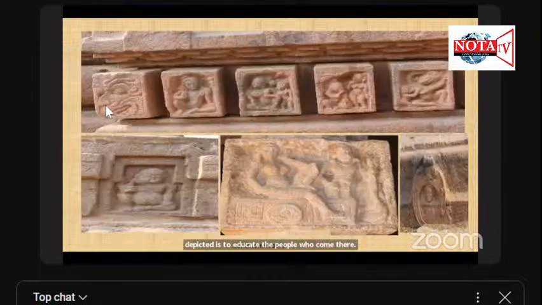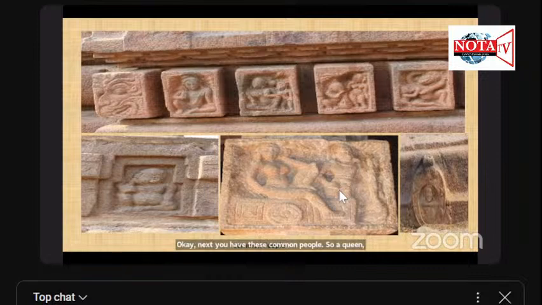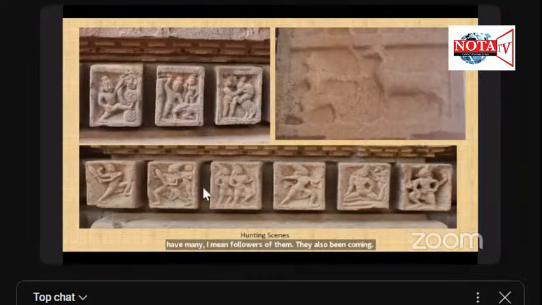Next you have these common people. A queen may be visiting the temple in her chariot. Then you have other common people coming, and many followers of Saivism also coming, and so you have these different sculptures depicted, and some war scenes too.